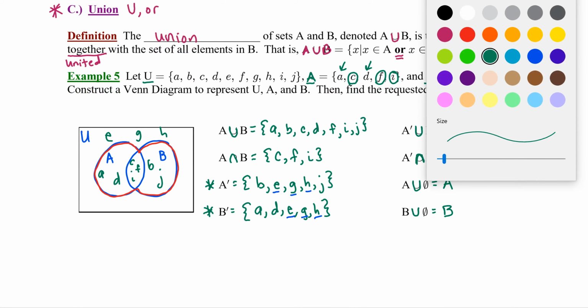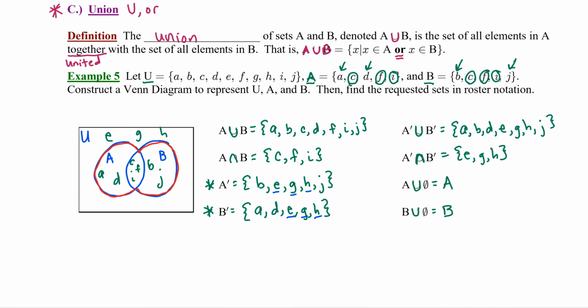Now, you are familiar with operations of real numbers. When I write something like this, you recognize that symbol, and it tells you a certain way of combining those two elements. If I change that symbol, it gives me a different answer. In the same way, we're looking at operations on sets. When I see this symbol, it is a clue.